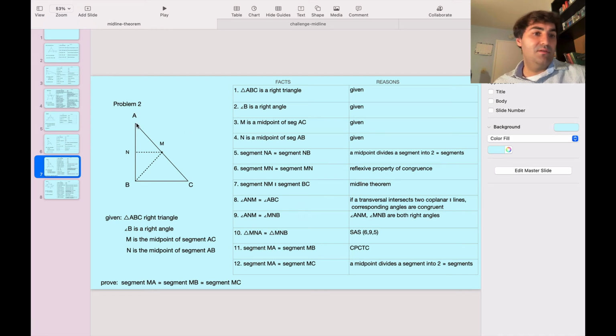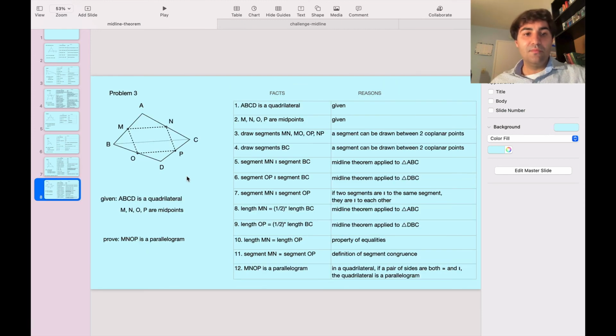Why? Because this radius MA is going to be congruent to this radius MB and congruent to this radius MC. That's not required by the problem, but it's an interesting property anyway to go over.